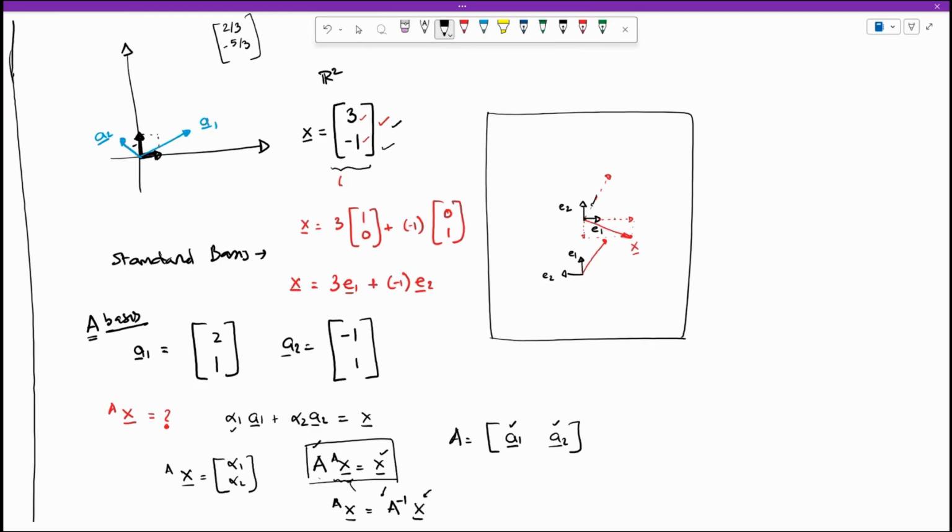In fact, when you remove everything else, as I said, all we have are the basis vectors. Now, how will we find out?